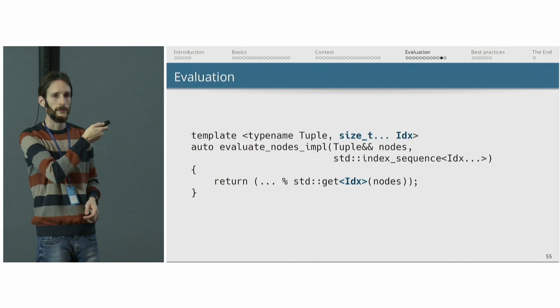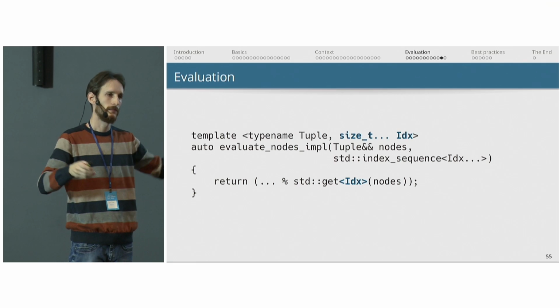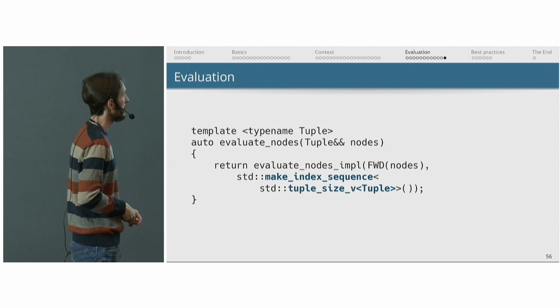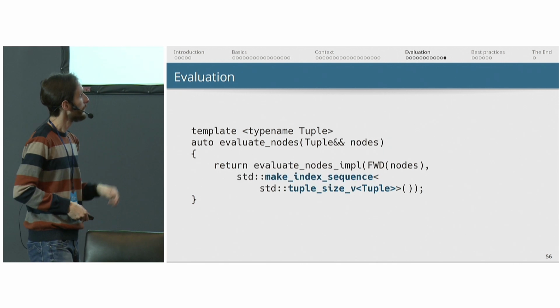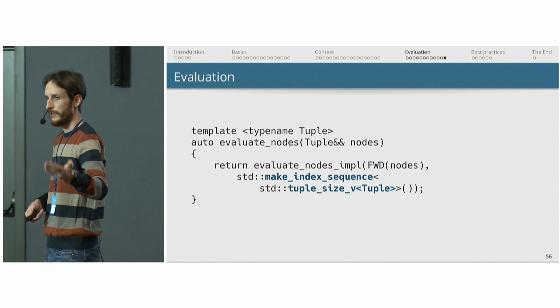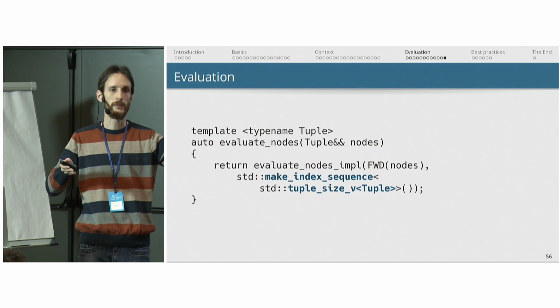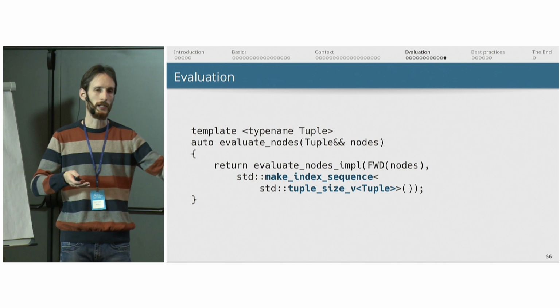Now, this is a helper function. We need to create a function that just gets a tuple and calls this one. So what does it look like? We can call this dummy impl function, and we are going to pass the tuple in, and we are going to generate the index sequence that will be used to deconstruct the tuple.